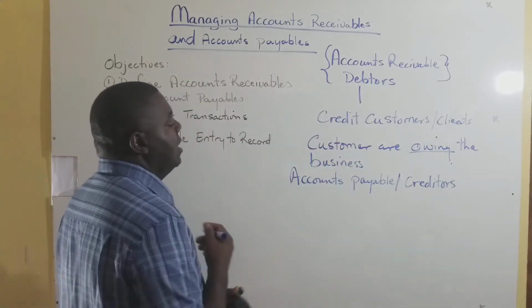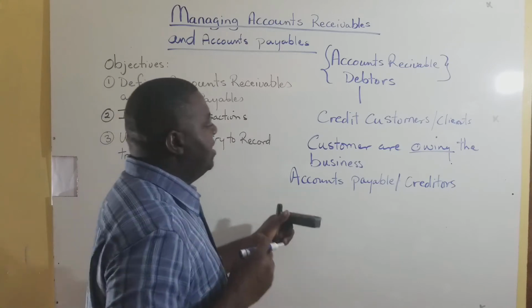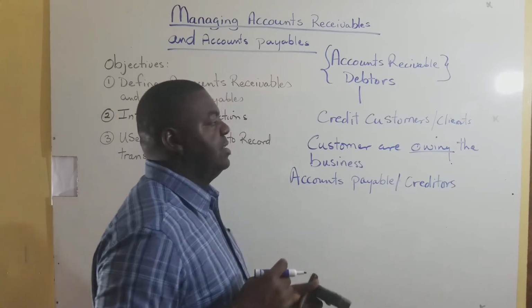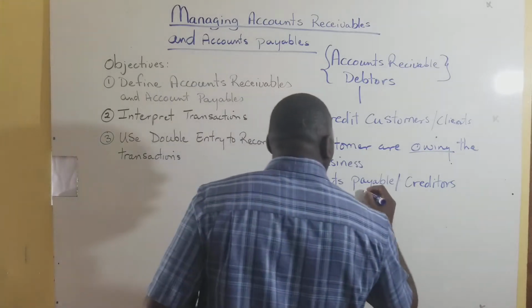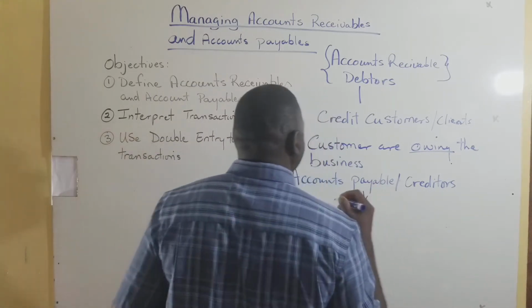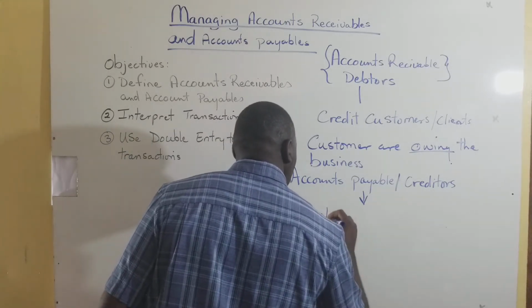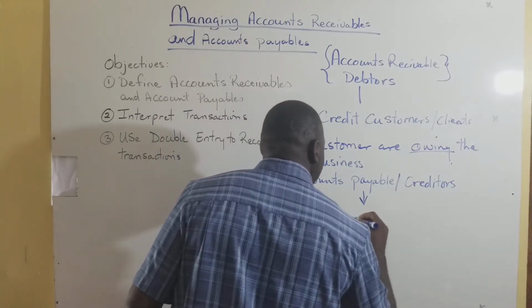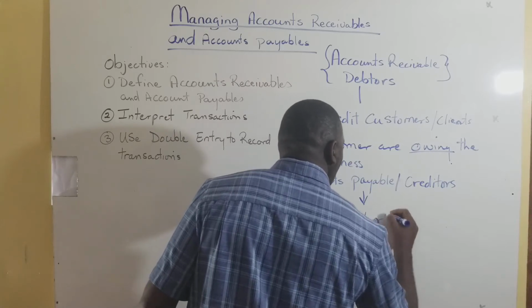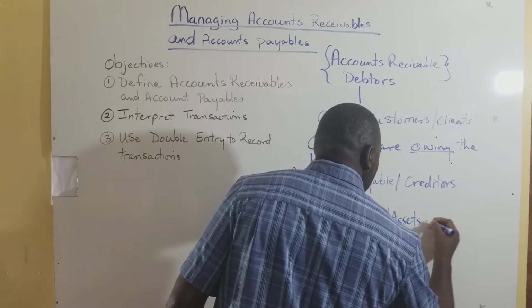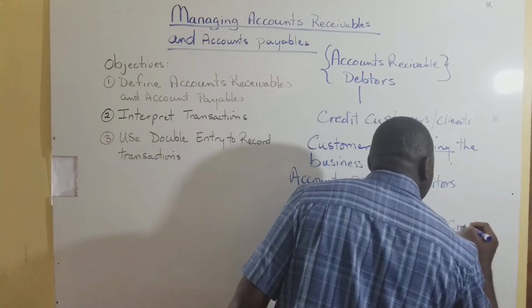Now, these individuals or companies or persons, we, the business, would have bought goods or other assets on credit.